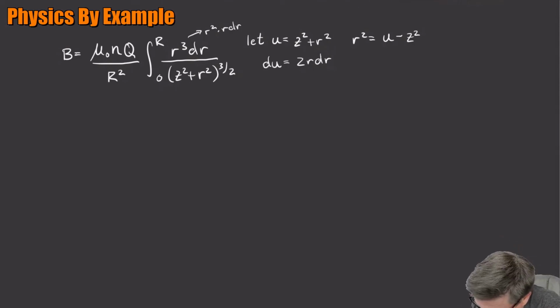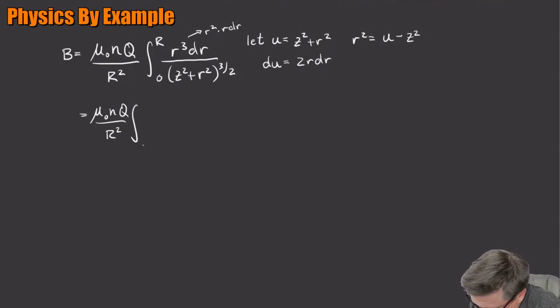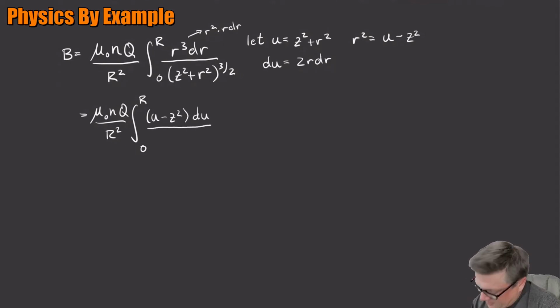So this is going to be mu naught nq over r squared, 0 to r. All right, so this is going to be u minus z squared, and then I'm going to have a du, and then on the bottom I've got my 2, and I've got my u to the 3/2. I think all that is just fine.